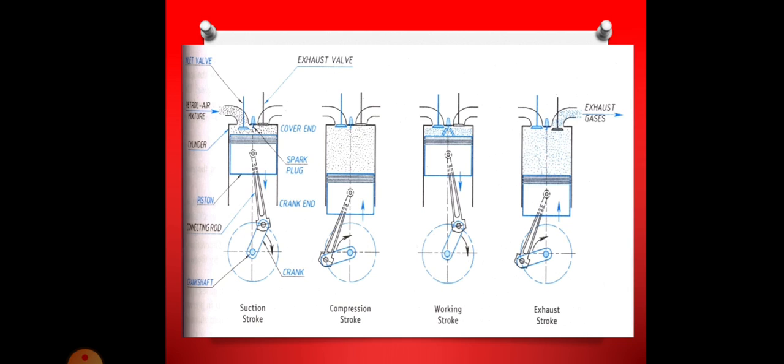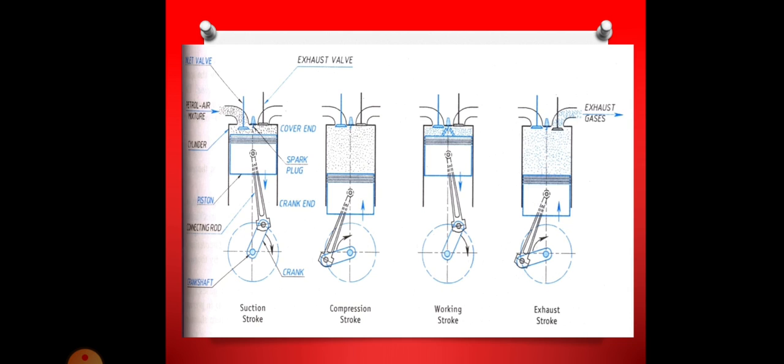But see the valves in the suction stroke and exhaust stroke, compression stroke and working stroke. So in the compression and working stroke both valves are closed, whereas in the suction stroke the inlet valve is open. In the exhaust stroke the exhaust valve is open.